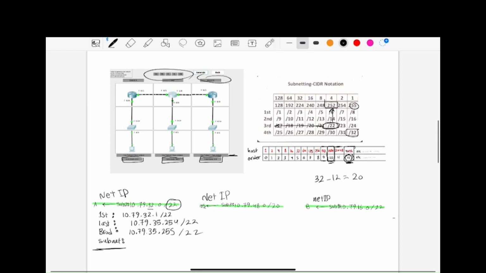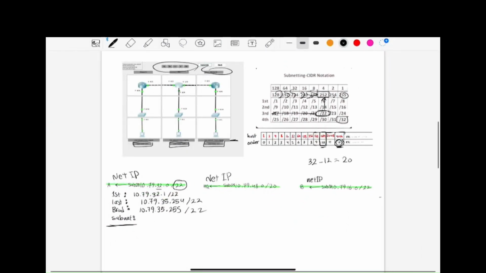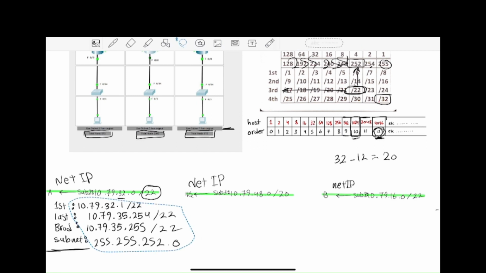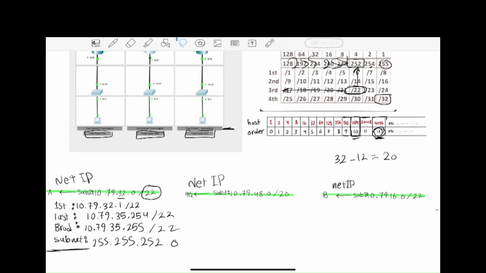After that will be 0, and before that 255, 255. So the subnet mask will be 255.255.252.0. We'll get some space for this one.